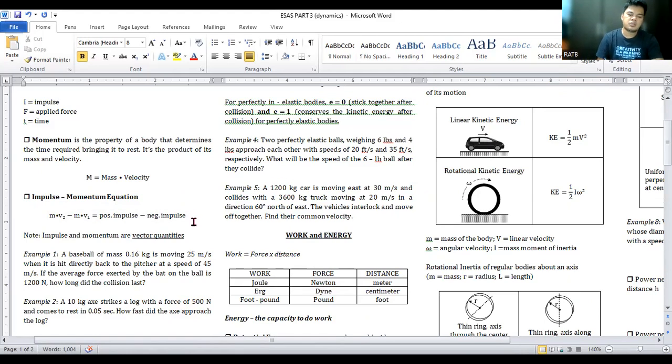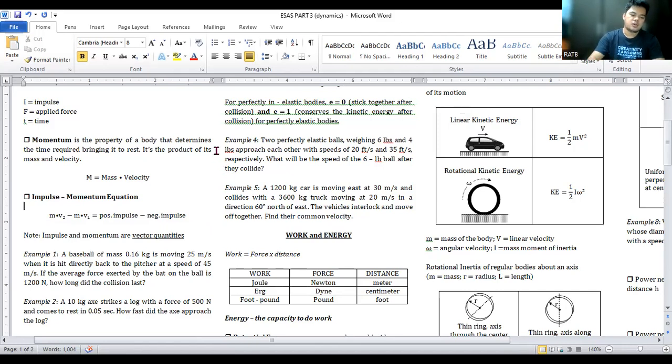The negative impulse is the impulse created by the opposing force. Once there is an opposing force, that creates a negative impulse. An example is friction. The frictional force creates a negative impulse.